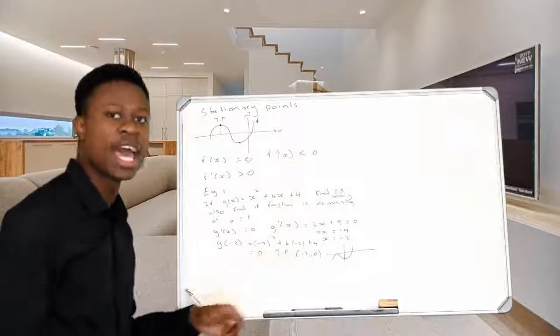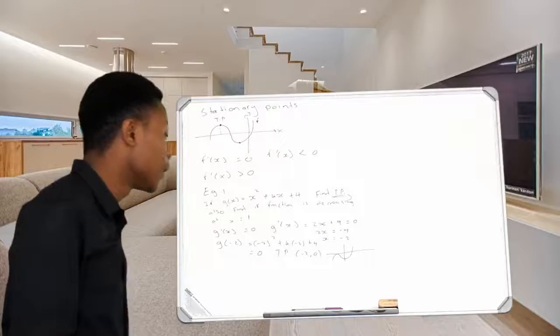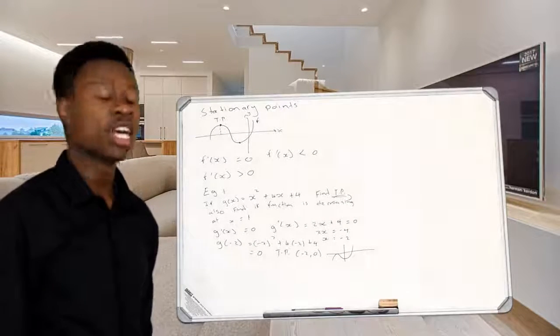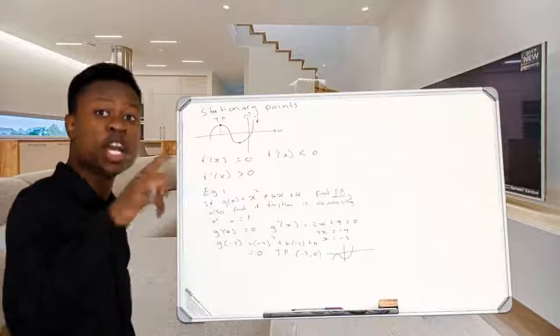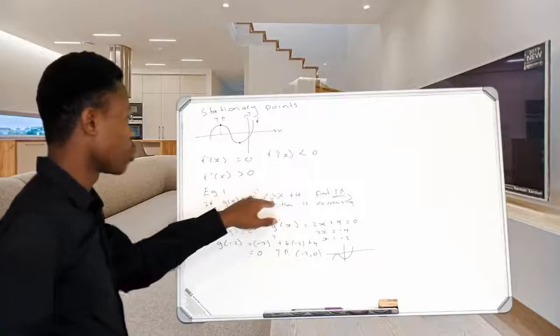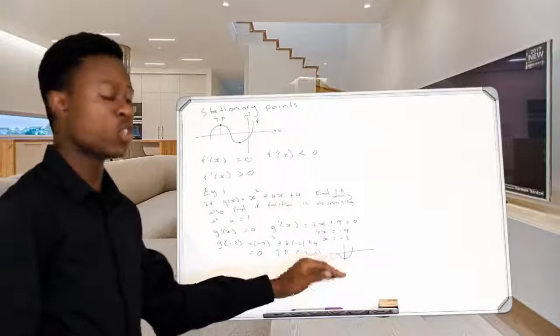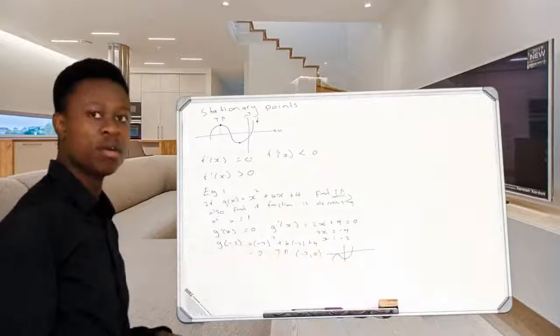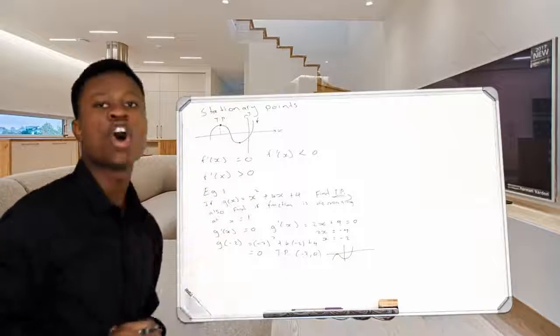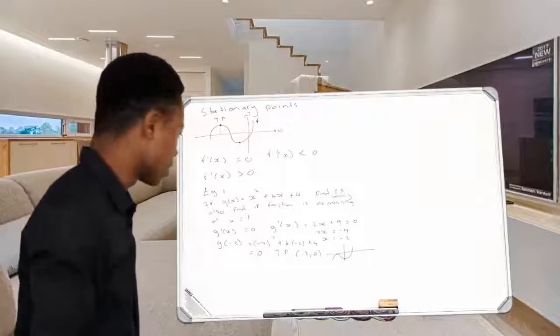So we have a turning point and point of intersection and the x-intercept in the same place. We'll speak about that a little later on. Again, my graph is not exactly what that graph is supposed to look like. It's just a representation to show you what I mean by saying that this point here is a turning point, because it turns on the x-axis, right?